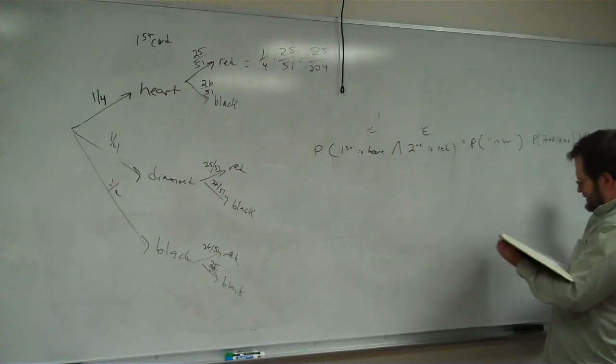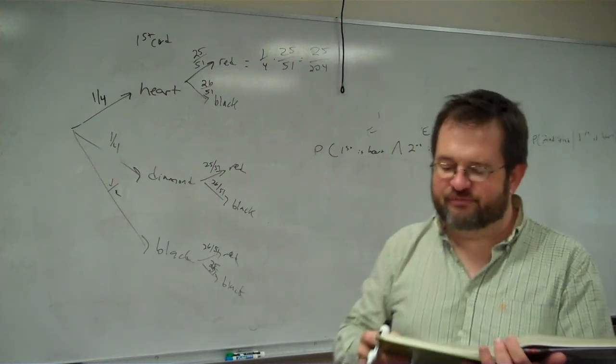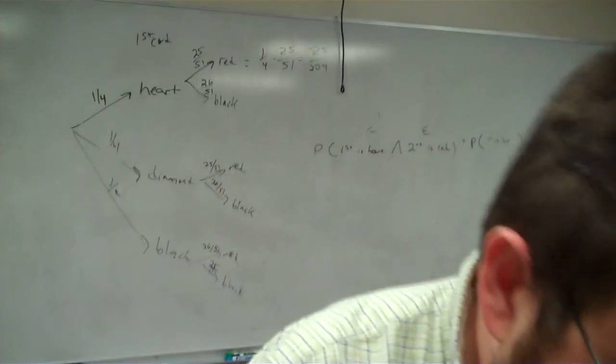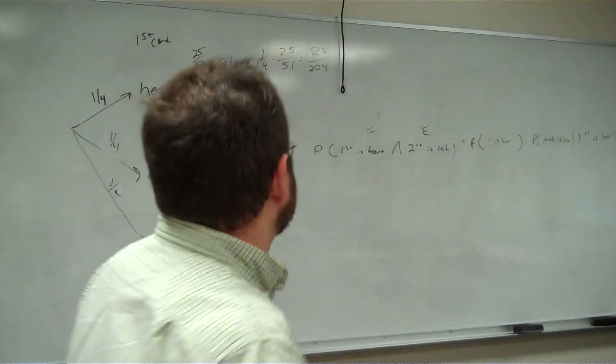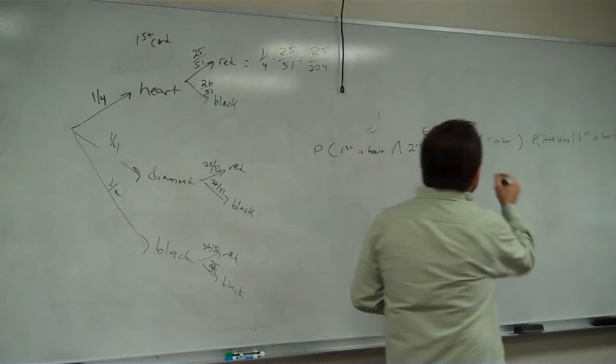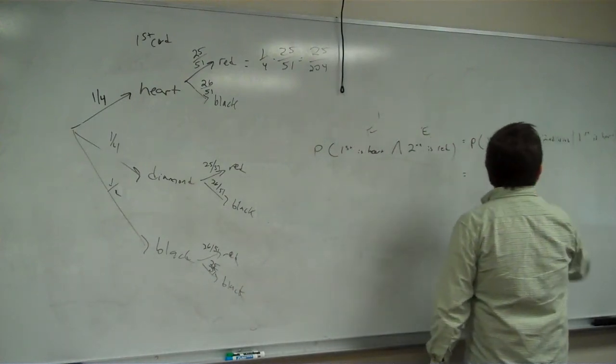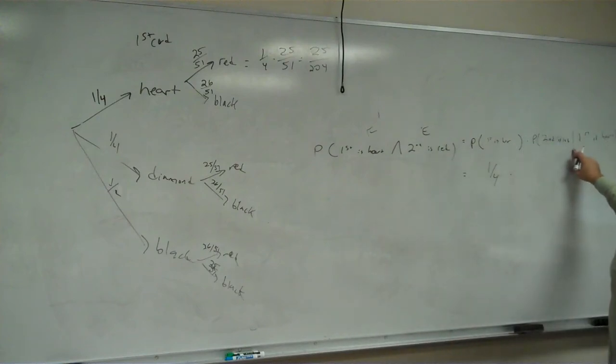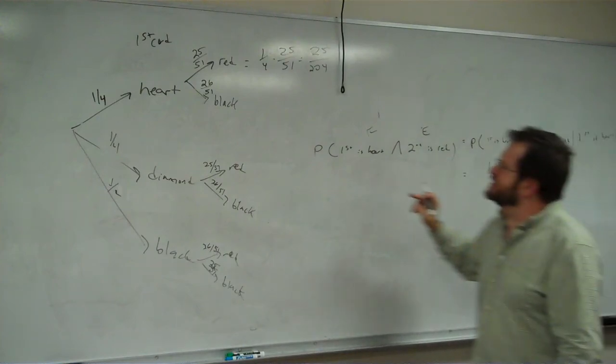You'll notice, by the way, on that product rule of probability, page 325, you can use it either way, right? You could either make this the E and this the F, or this the F and this the E. So the probability that the first is a heart was 1/4 times the probability the second is red, given the first is a heart.